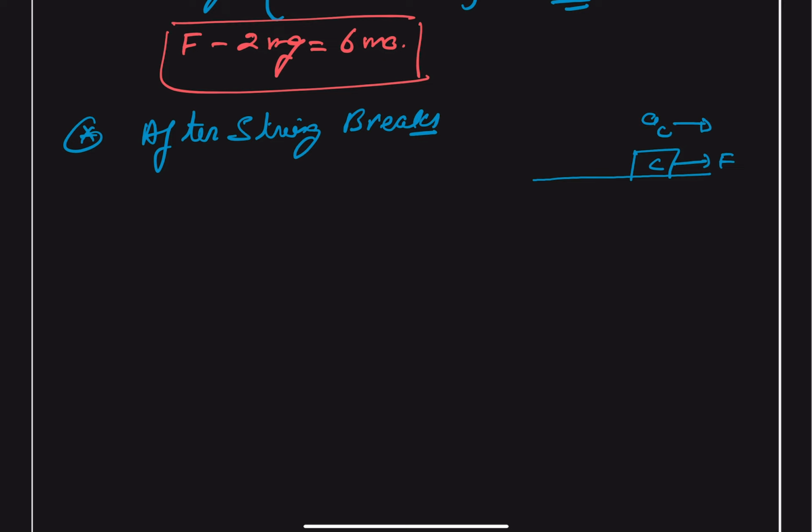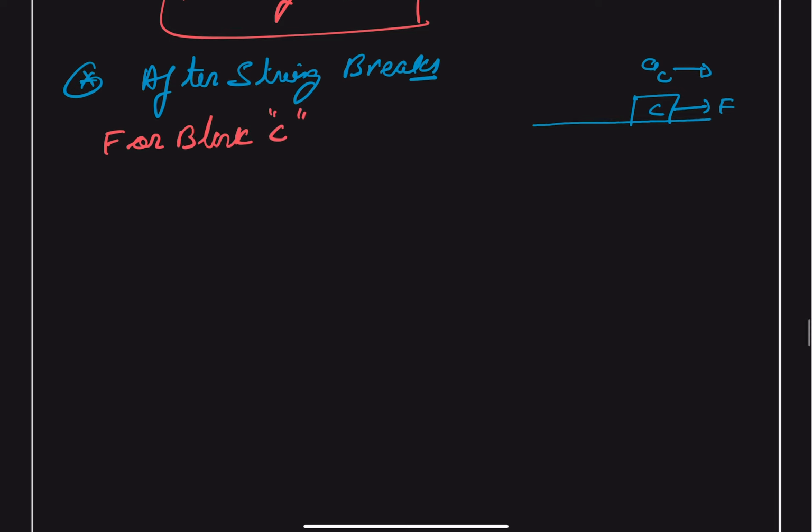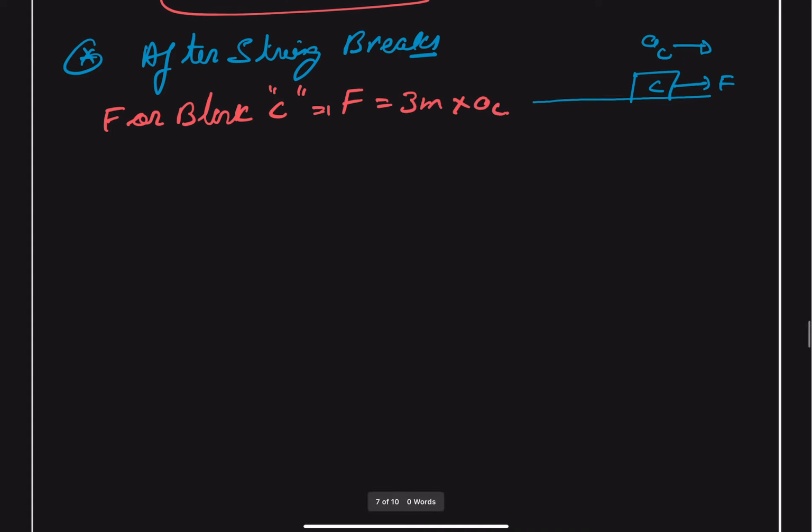Therefore, we can write the equation for block C that our F is equal to mass, given as 3m, multiplied by AC, and we know the relationship between AC and acceleration of A. So we write that our F is equal to 3m multiplied by 4 times A, and this comes as 12 MA.